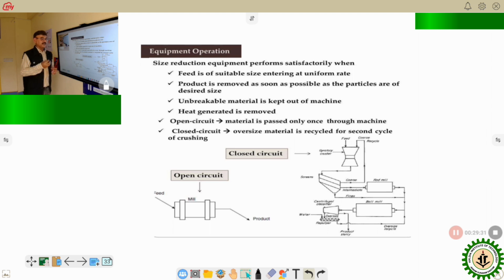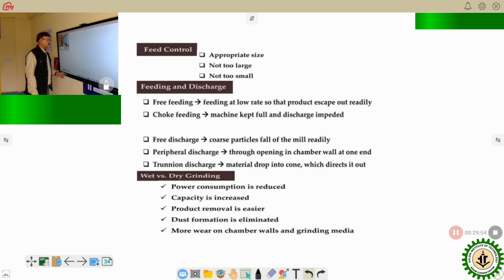So if you need a particular size range, you have to separate again. But in closed circuit operation, the oversized material is recycled back to the feed zone so that it will be further crushed or ground. Closed circuit operation is the most common and most popular one.